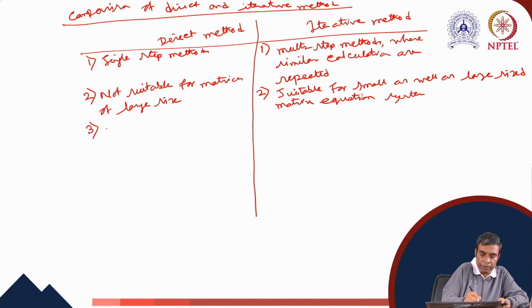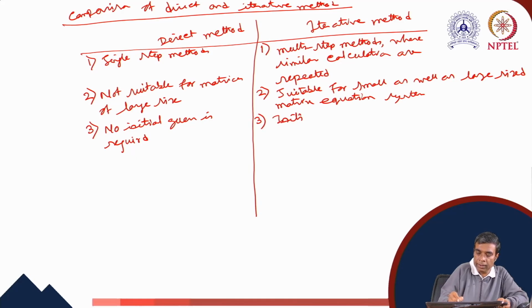In direct method, no initial guess is required. In iterative method, initial guess is compulsory.